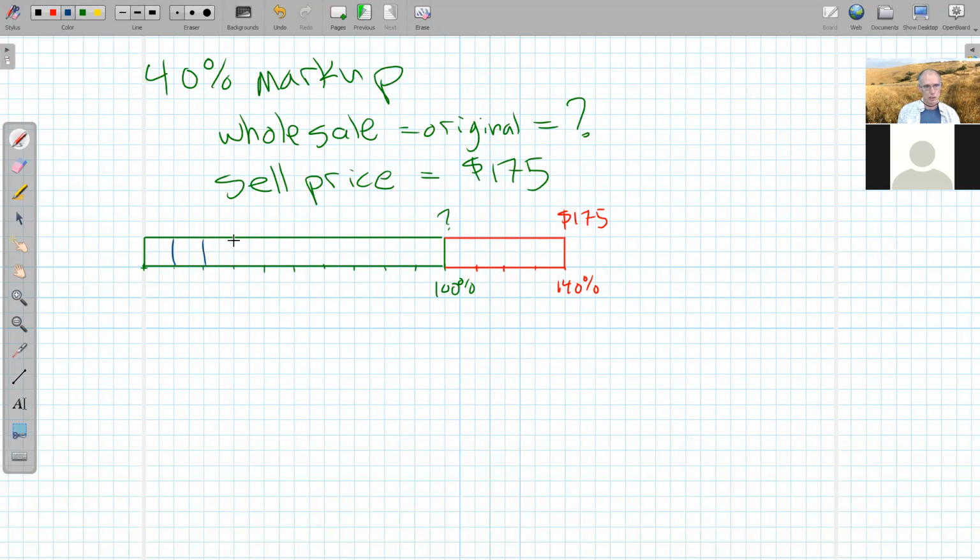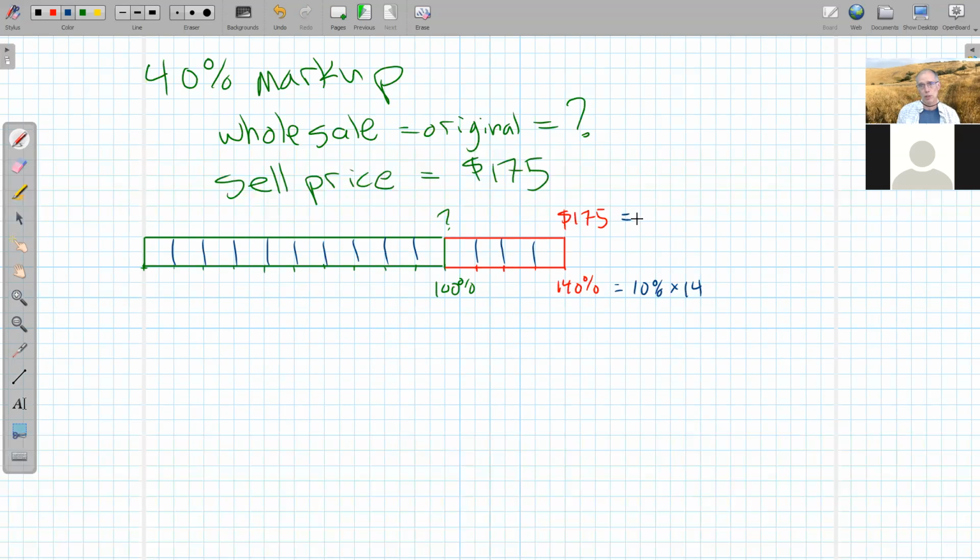So how many 10% chunks are needed to make 140%? Oops, I did that backwards. Right, there's 14 of them. 10 of them to get 100%, 14 to get here.